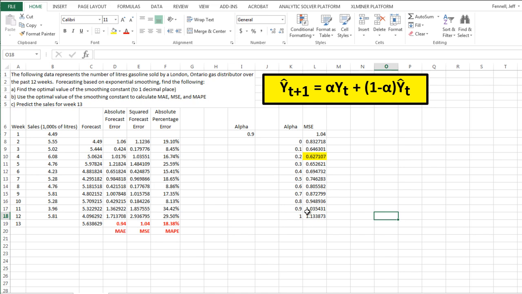Now the reason why I highlight everything is because if I go and enter these values right now, these values for MAE, MSE, and MAPE are not based on having an alpha value of 0.2, which is what I was told to do: use the optimal value for the smoothing constant, or alpha.